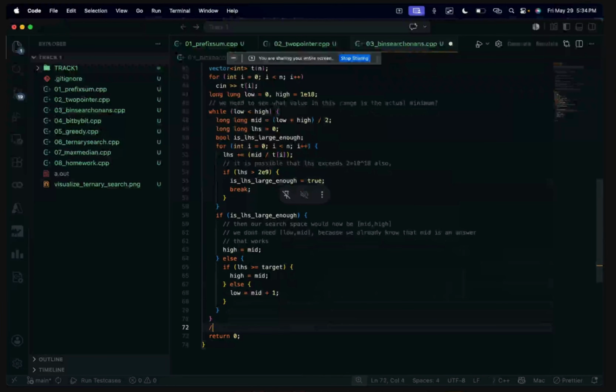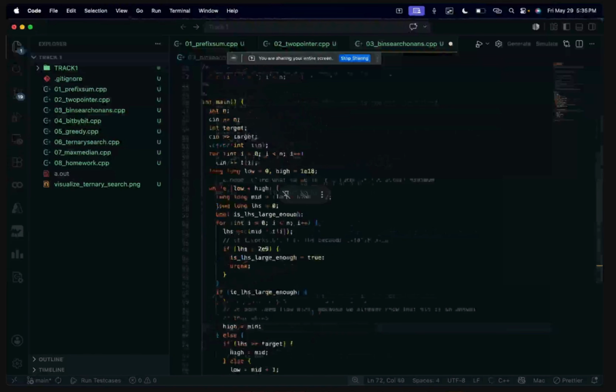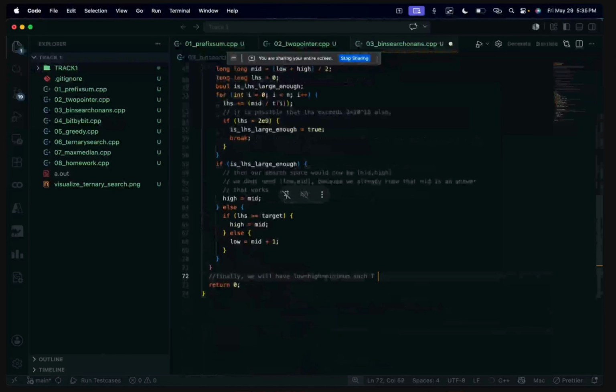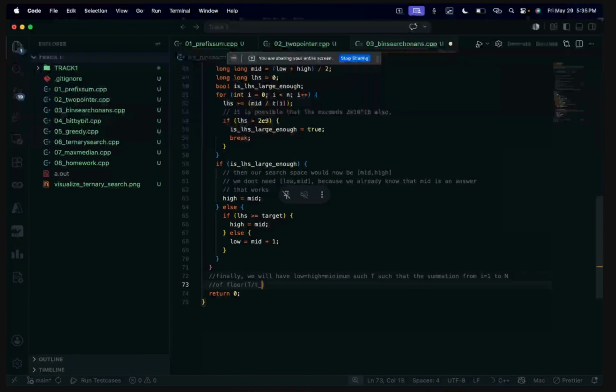So finally, when this terminates, we will have low equal to high equal to the minimum such t such that the summation from i equal to 1 to n of floor of capital T by Ti is greater than or equal to x.